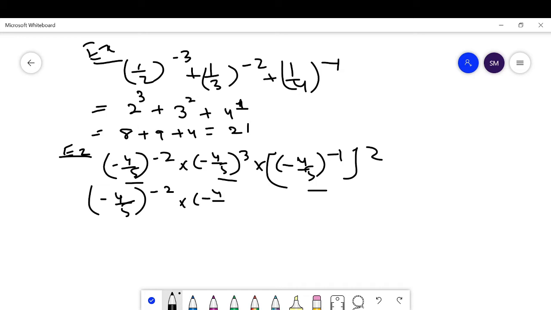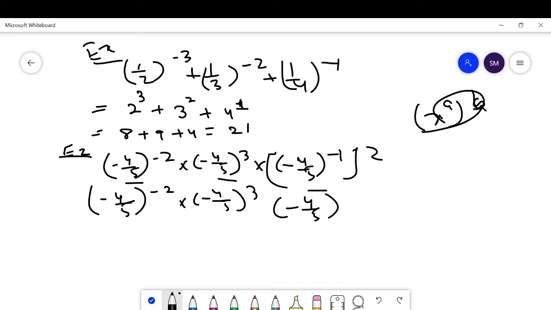Then this is (minus 4 upon 5) to the power 3. Here, as you recall the property, x to the power a to the power b is x to the power ab. Here minus 1 into 2 is minus 2. Here there is a multiplication sign, so the exponents get added. Minus 2 plus 3 minus 2.